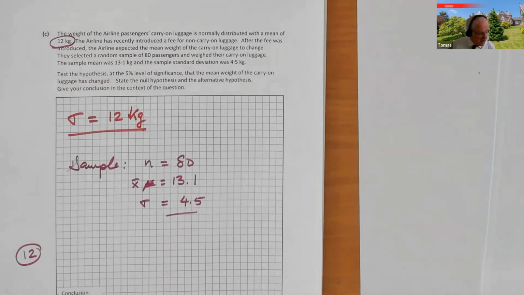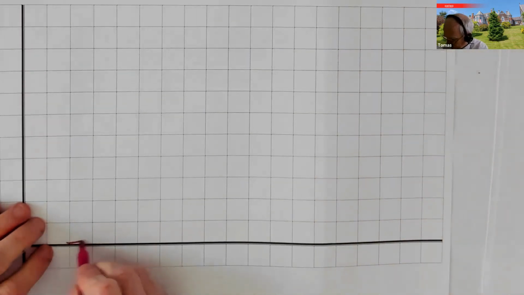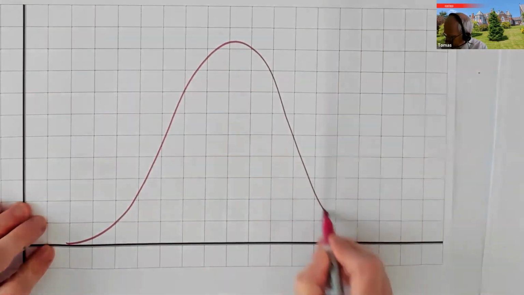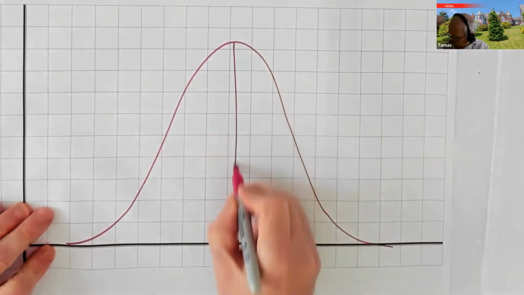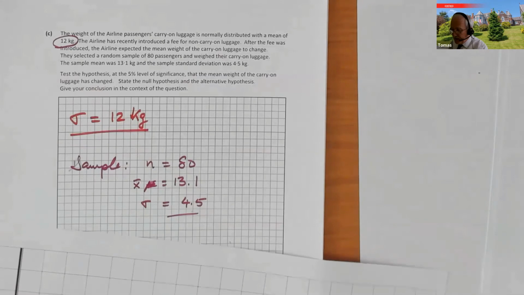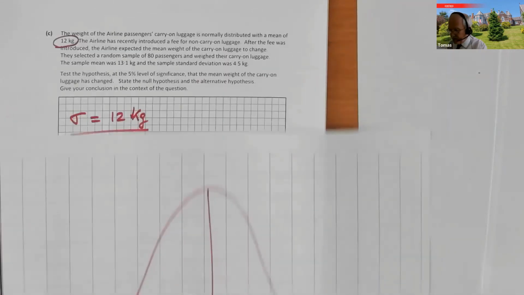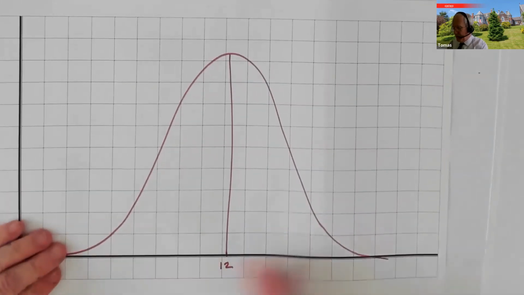Now, I'm just going to draw this for a minute and show you what it is and what it's not. And this is really important. Before, they said that 12 was the standard weight, and it moved around a lot. People had different weights.